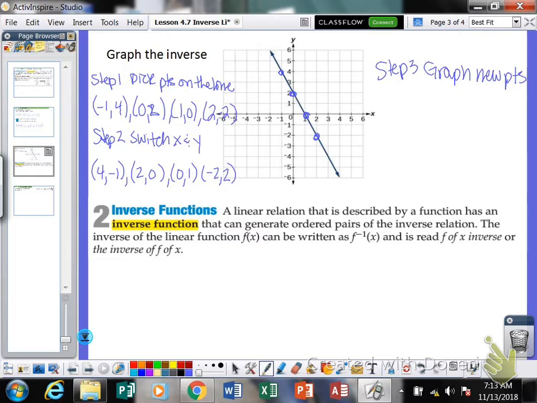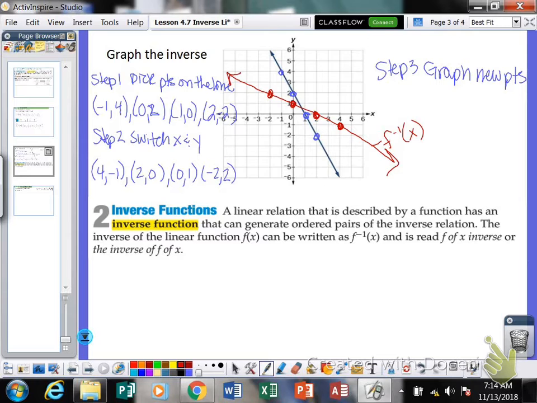So then I take (4, -1), use a different color here. (4, -1) is right in there. (2, 0), (0, 1), (-2, 2). Take your straight edge, your ruler, and connect. Not good. Try that again here. And connect. And the red line is your inverse. So that would be your inverse.